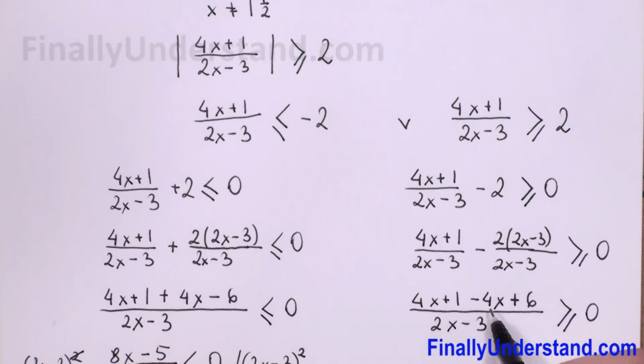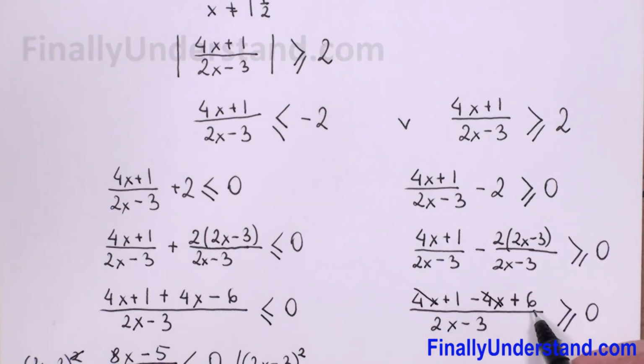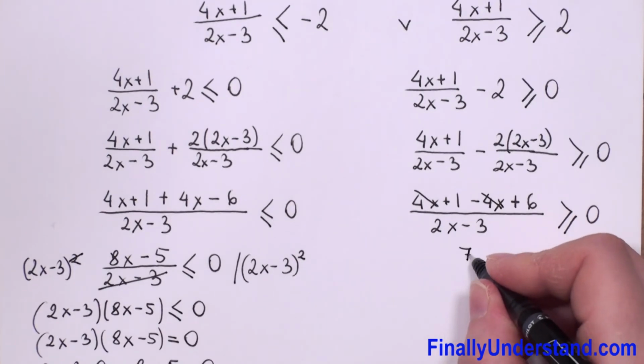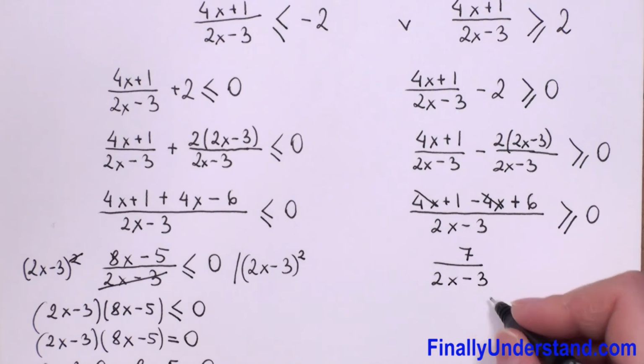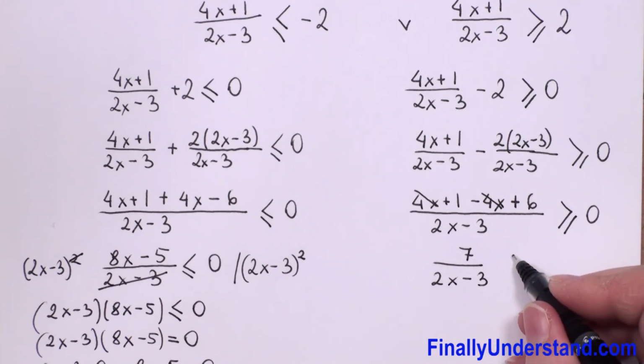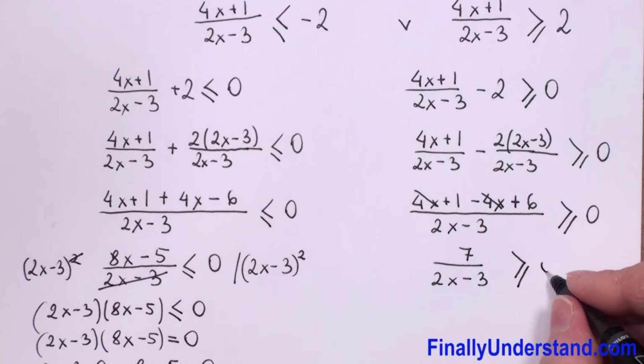So 4x minus 4x will be reduced and we have 1 plus 6 is 7 over 2x minus 3 must be greater than or equal 0.